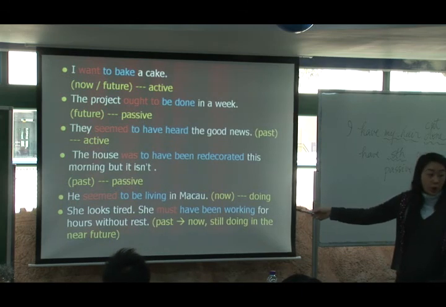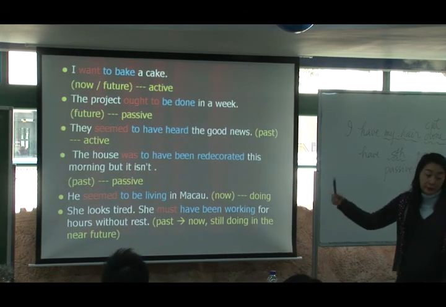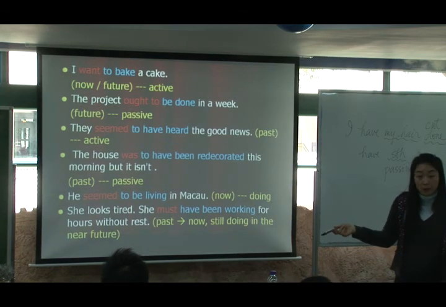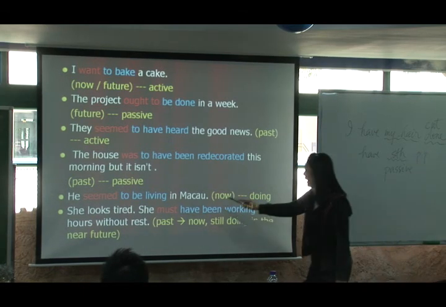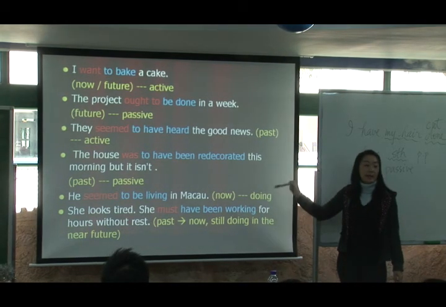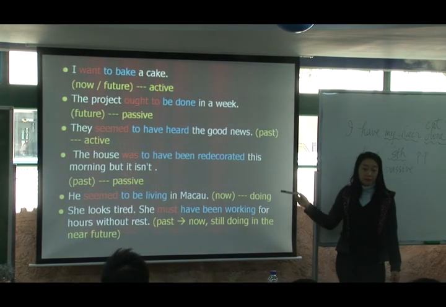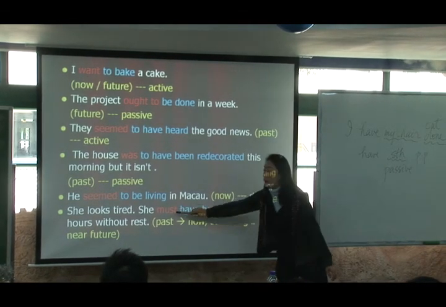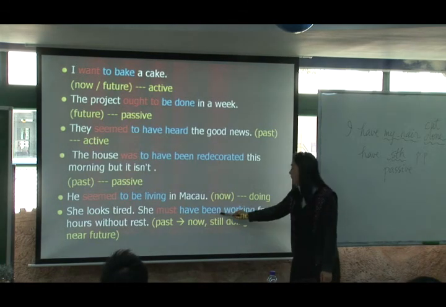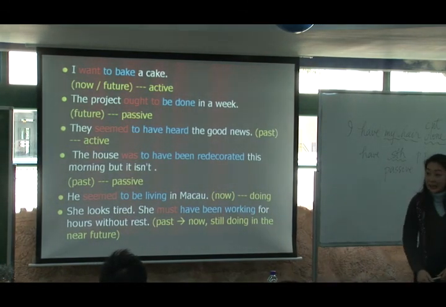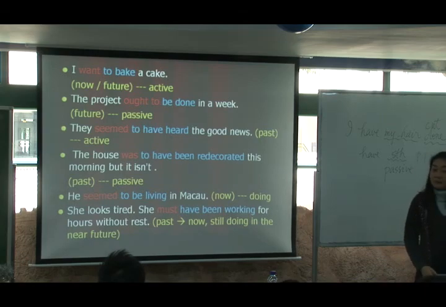Without rest. Stop already? No, in the future, she continues to do the work. That's why from the past until now, still doing in the near future. That's why what do we need? Perfect continuous. And after modal verb, must have been working. Get it? Is that clear? Alright?